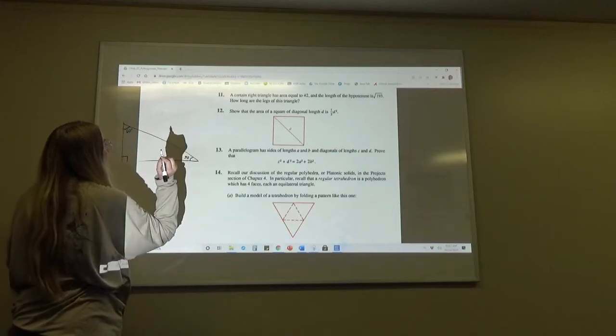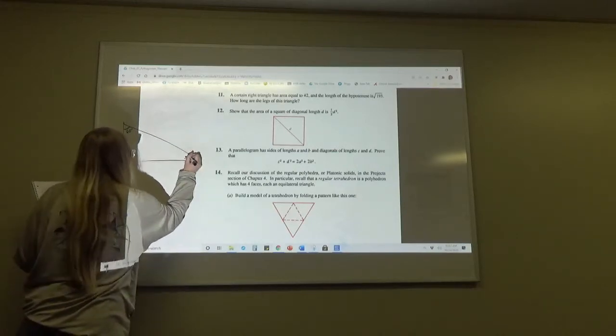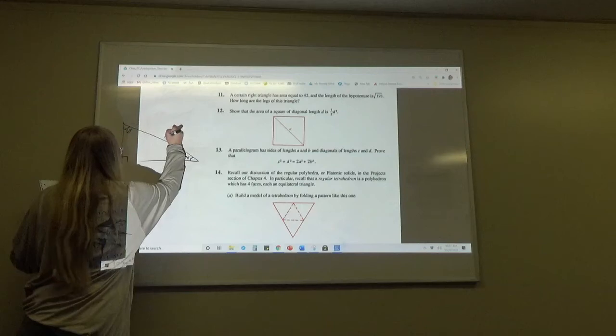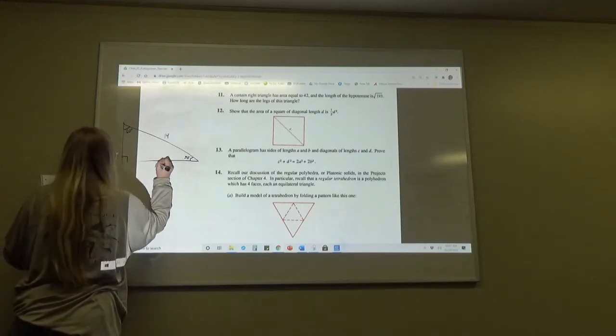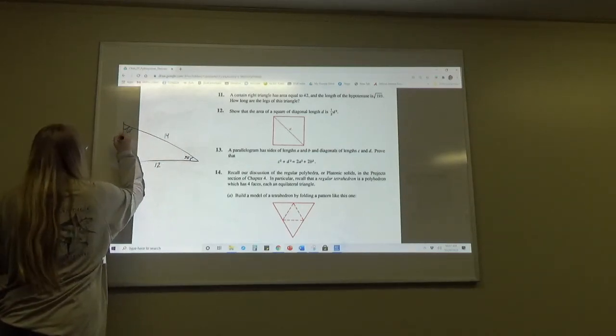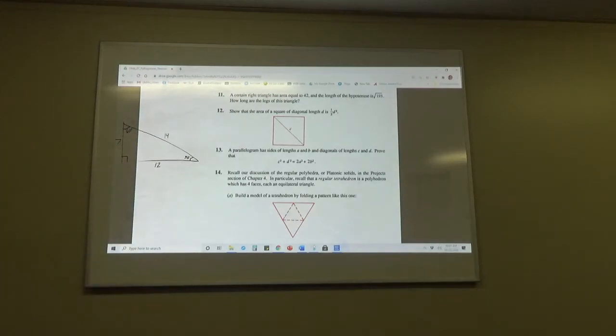Number 11. Okay, now, you sure that's 11? Which page number? That's chapter 6 you got, don't you? Oh, this is from chapter 7. All right, go ahead.